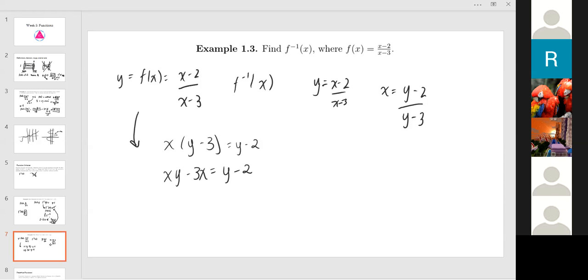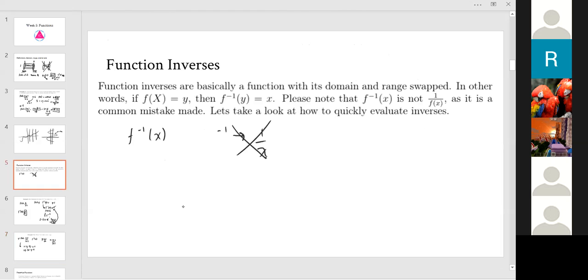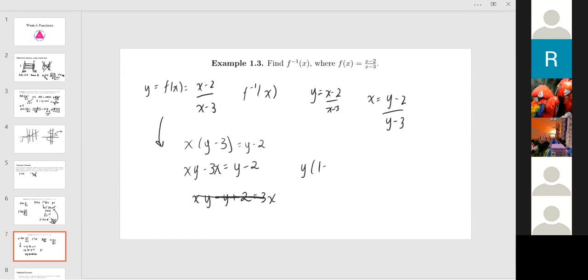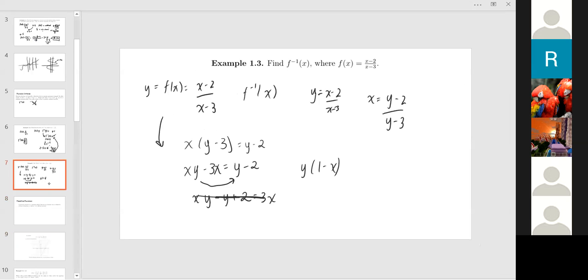So then we get xy minus y plus 2 is equal to 3x, or we get y times 1 minus x is equal to 2 minus 3x by moving this to this side.